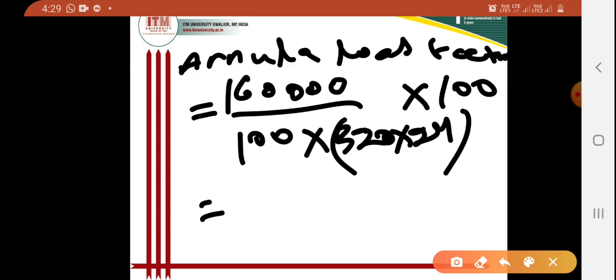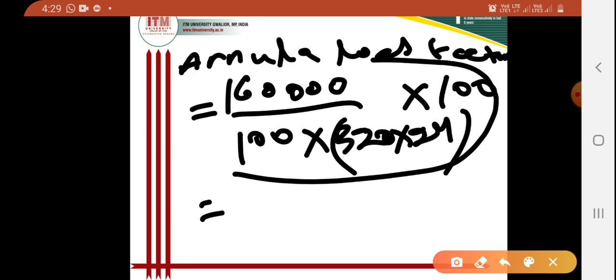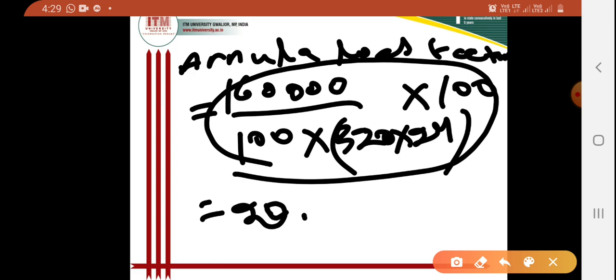After using the calculator, the answer will be 20.8%, which is the annual load factor. So here we have calculated the annual load factor as 20.8%. Come to discuss our next question.